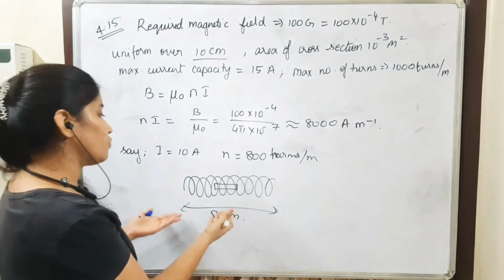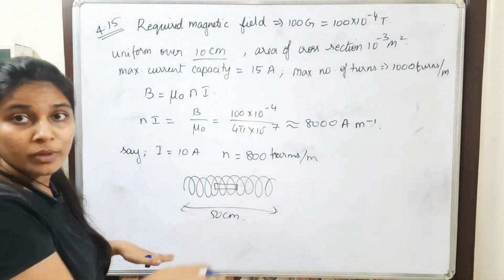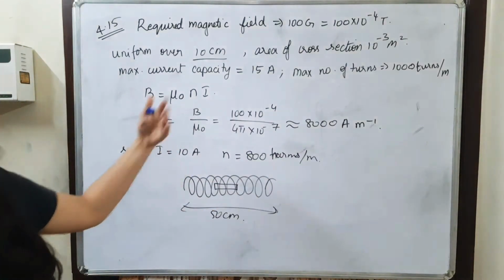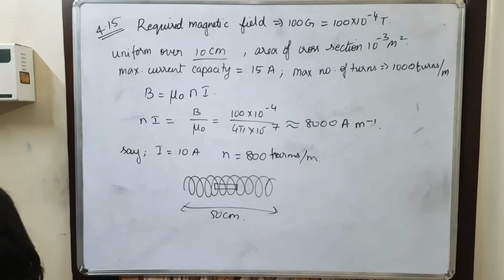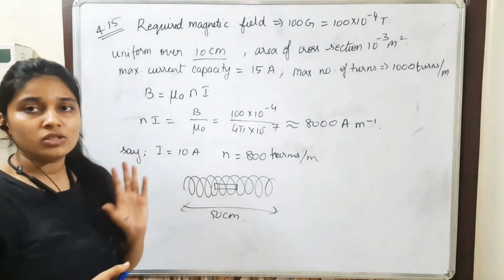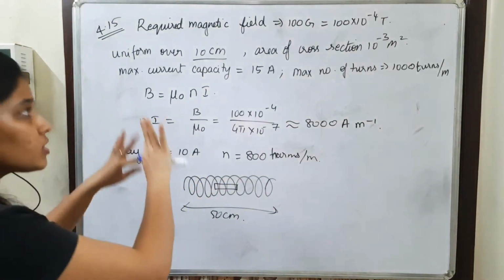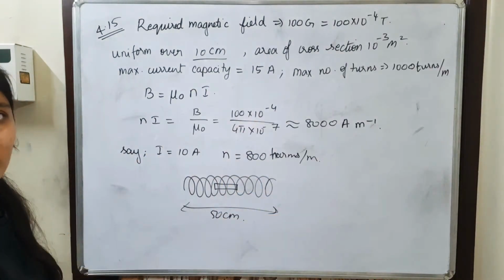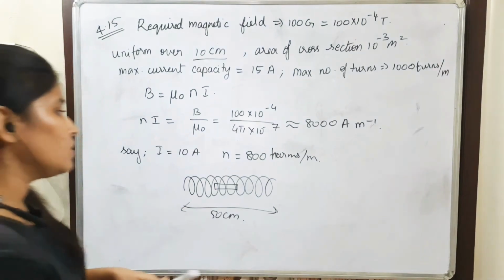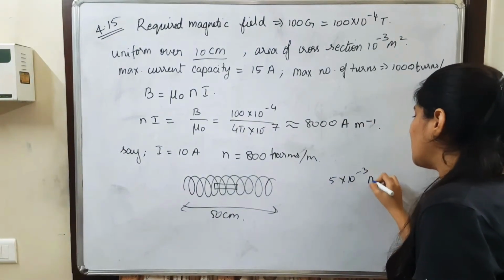So they're asking us to set up a magnetic field which will be uniform over 10 centimeter and 10 power minus 3 meter square area. Now remember, this question can have multiple answers, so there's no one proper answer for this, but the answer should satisfy all the conditions. So we can take 50 centimeter and the area can be taken as 5 into 10 power minus 3 meter square.